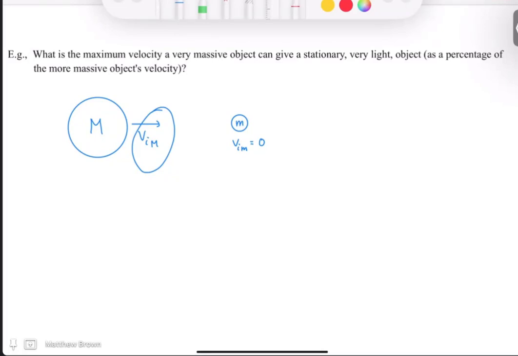What's the maximum velocity do you think that M2, the little m, could take off with in an elastic collision? A first thing you might even think about is, well, what should be the final velocity of big M, of the wrecking ball? Should it really be affected at all by this tiny little golf ball?